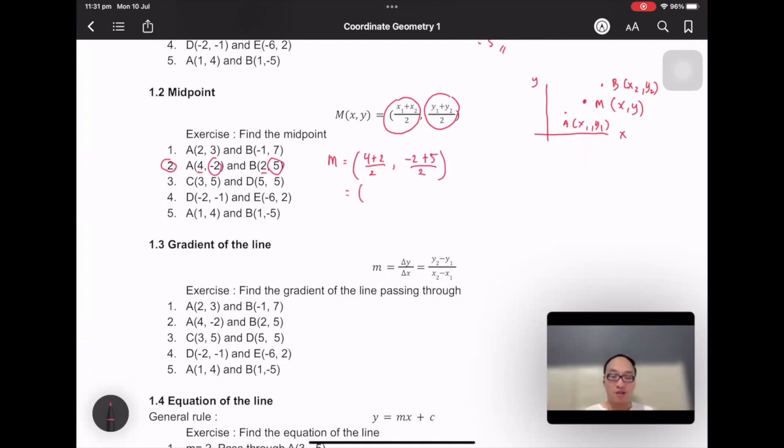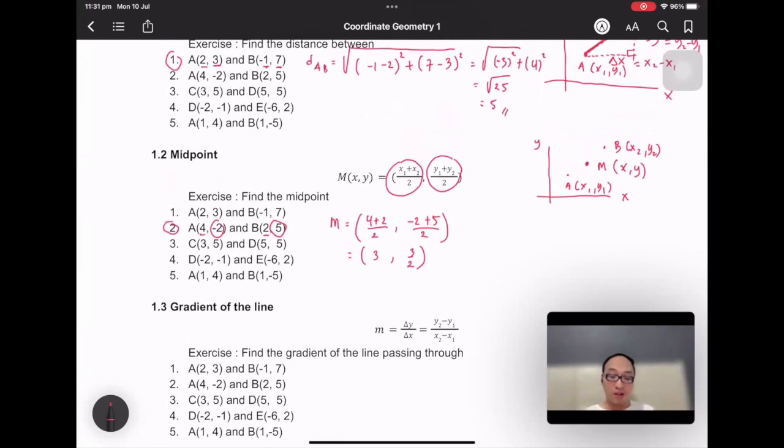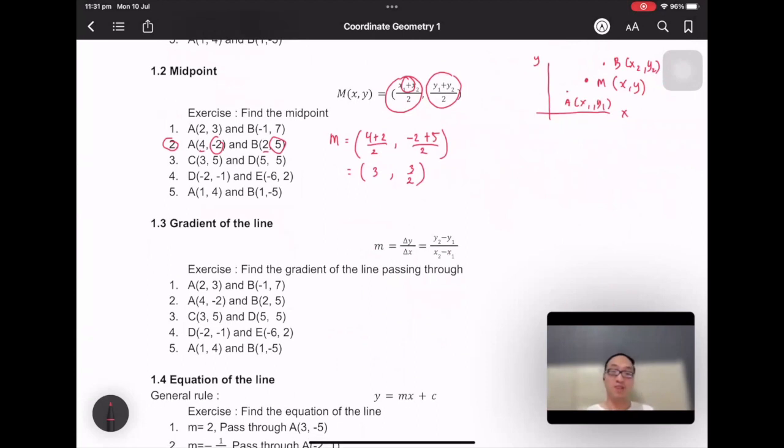So it equals 3, 3 over 2. So (3, 3/2) is the midpoint. Now you have to pay attention to the sign here. In the midpoint, we sum the coordinates, while in distance, we subtract the coordinates. Don't get confused.